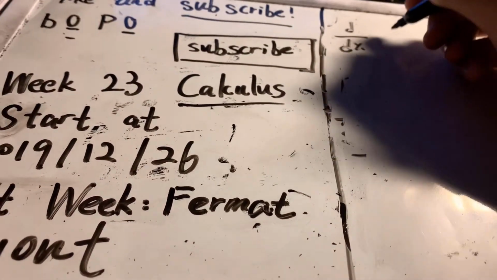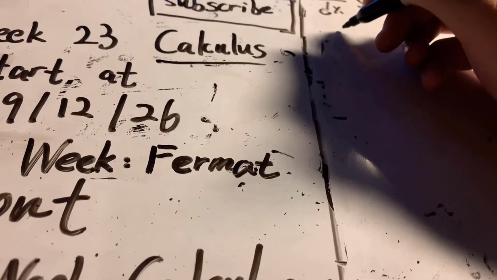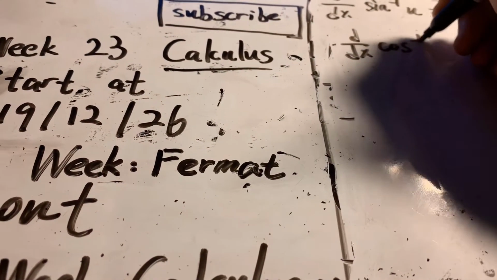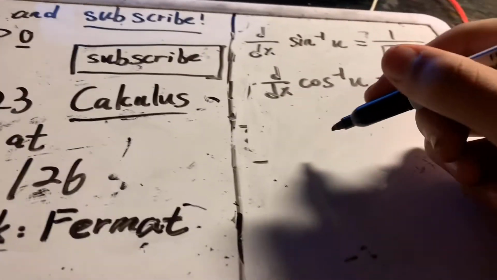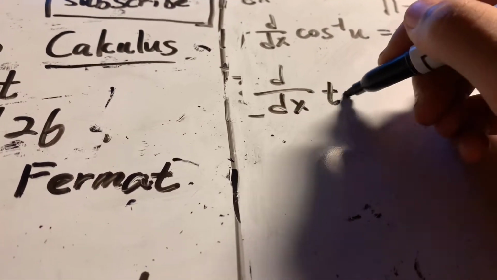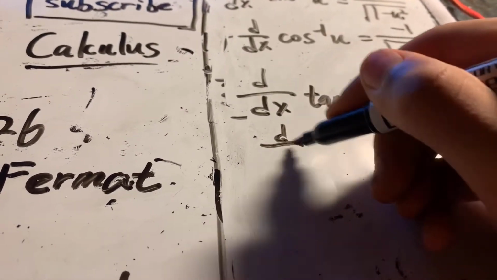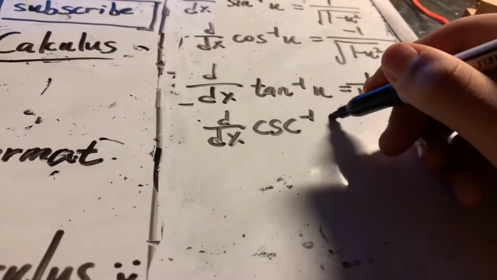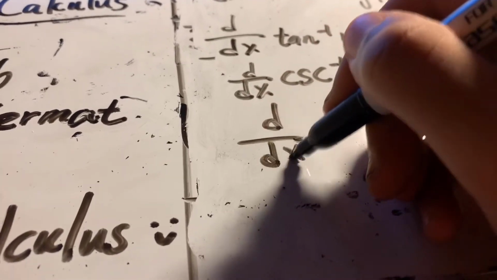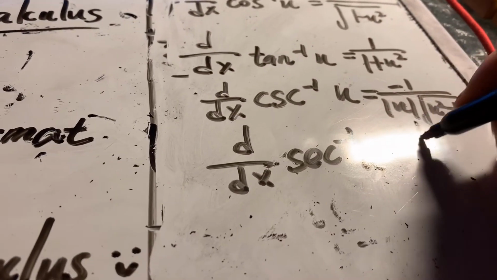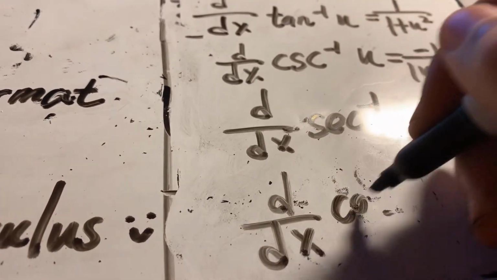For these, the formulas are like this: d/dx of tangent inverse u, d/dx of csc inverse u, d/dx of secant inverse u, d/dx of cot inverse u.